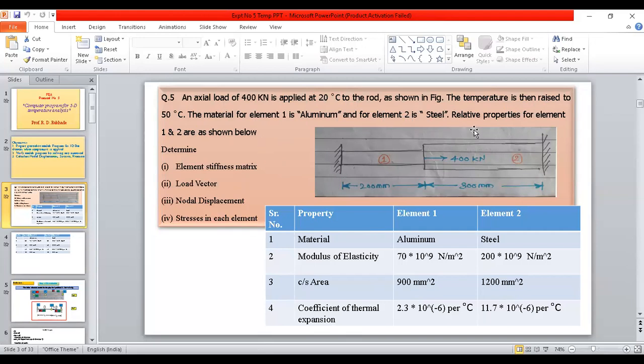So in the figure we have a step bar with both extreme ends fixed.